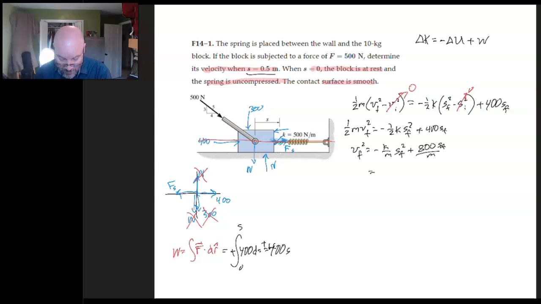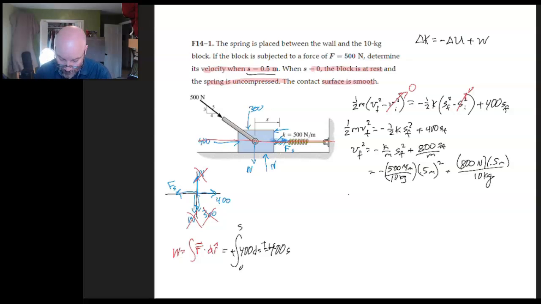Now let's put in our numbers. Our spring constant is 500 newtons per meter, and our mass with this thing is 10 kilograms. Our distance is 0.5 meters squared, plus 800 newtons multiplied by 0.5 meters, and then we're dividing by 10 kilograms.